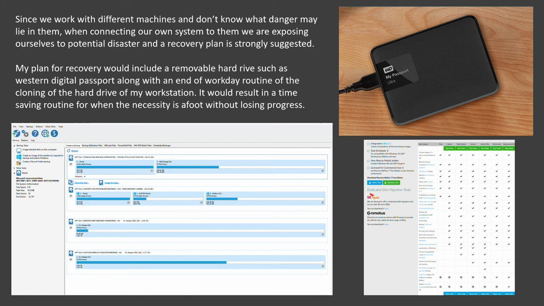Now, as far as disaster recovery, I figured that I could clone my hard drive, also using an external hard drive that I can actually disconnect from the whole system. That way, if a disaster happens, I can factory reset and just reload everything onto the computer, which is really awesome as far as time management, because you don't have to spend time downloading or losing any files that you may have forgotten.